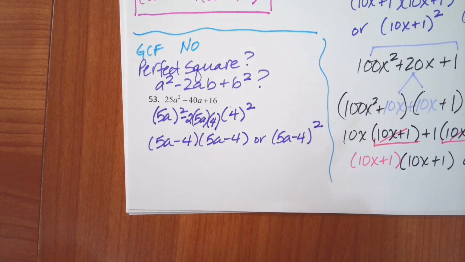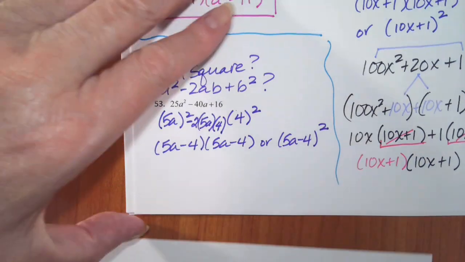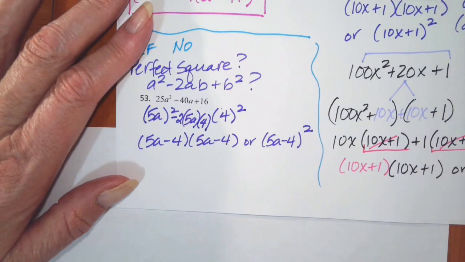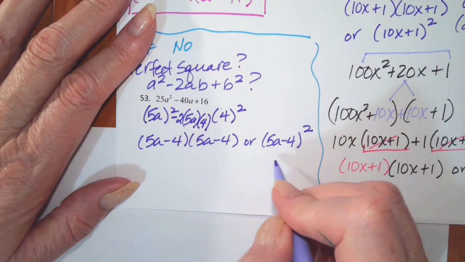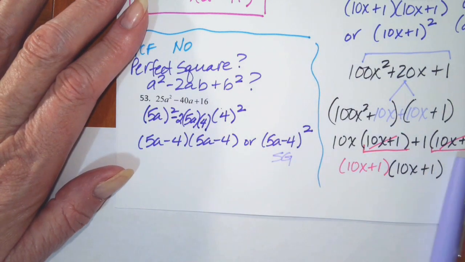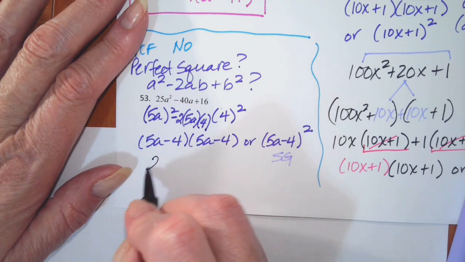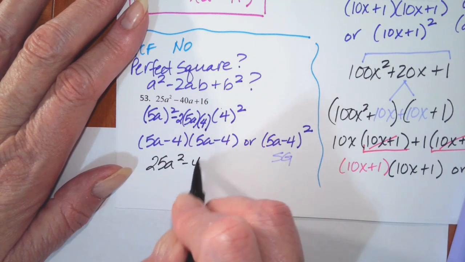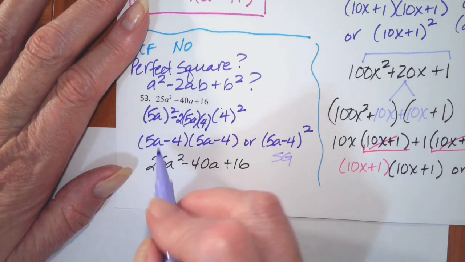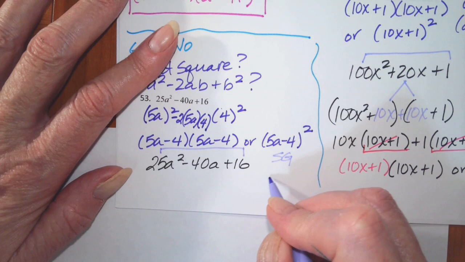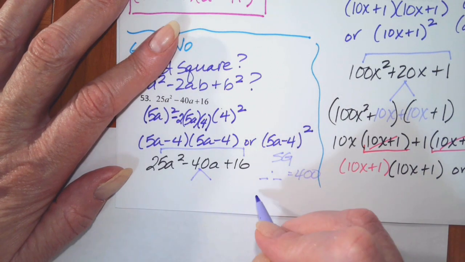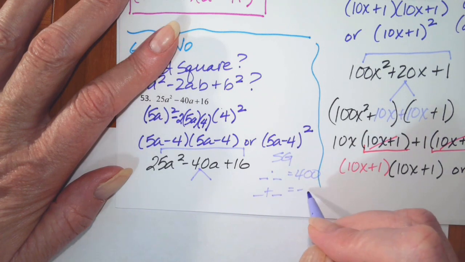Now get a little more paper here. Say you don't see that. That is absolutely okay. All right, so let's try split and group. So that means if I'm starting out with 25a squared minus 40a plus 16, I'm looking for two numbers whose product is 400 and whose sum is negative 40.